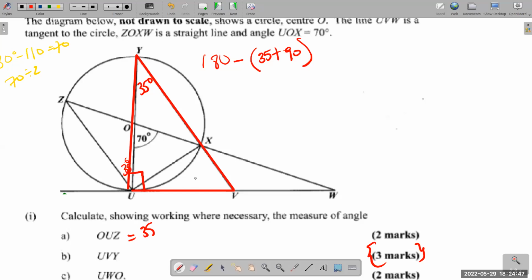Everybody with me? So what would that be? 180 minus 125, which is 55. So right here is 55.